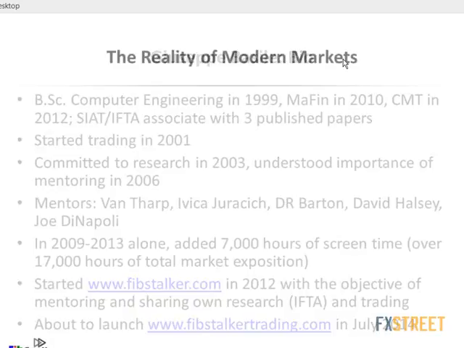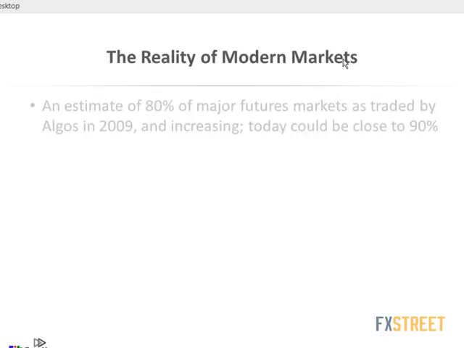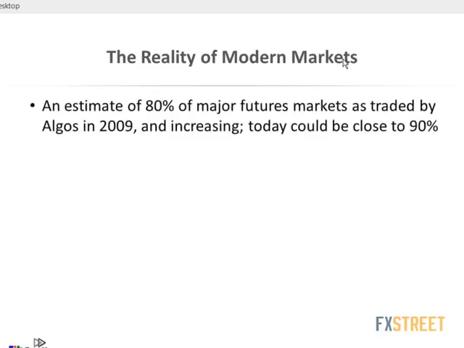So let's start and look at the reality of modern markets. Modern markets are quite a different animal compared with the structure of the markets only maybe 10, 15 years ago. There is a lot of activity from algorithms in some markets, like futures, for example, where participation is up to 80%.